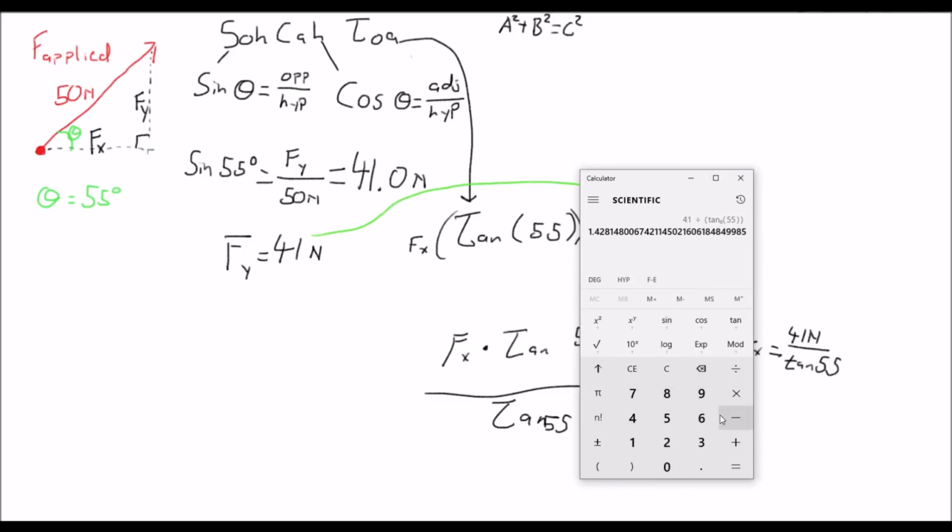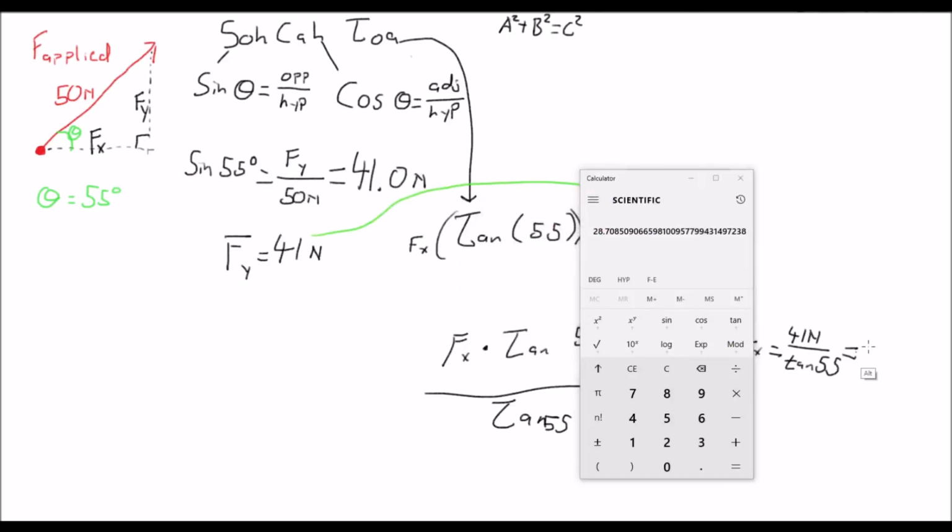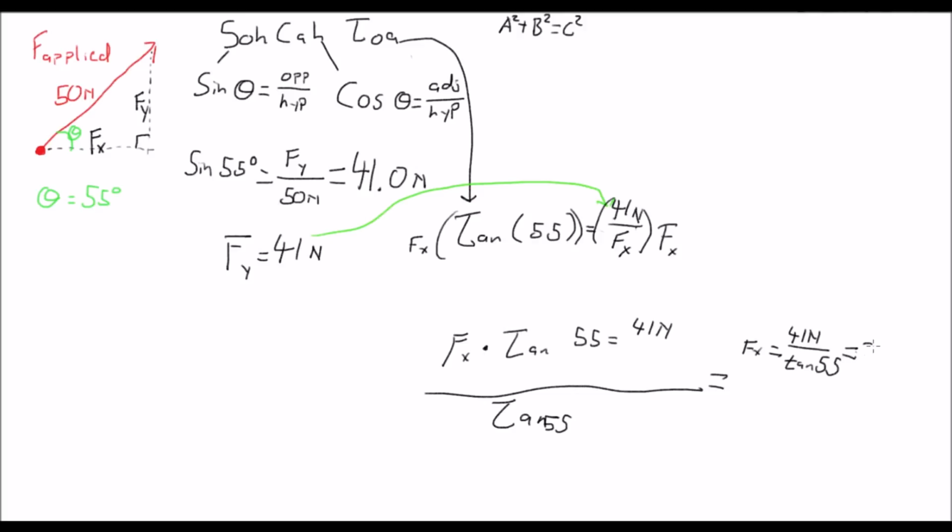Close my parentheses, and hit enter. And that's going to give me 28.7. So coming back to here, we've got that equals 28.7 newtons. So there's my f of x.